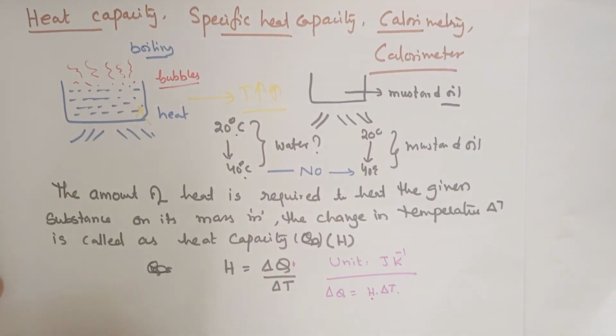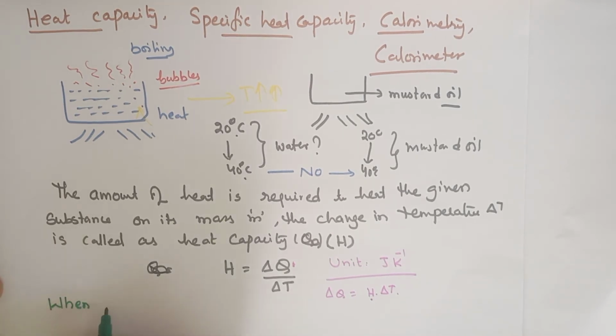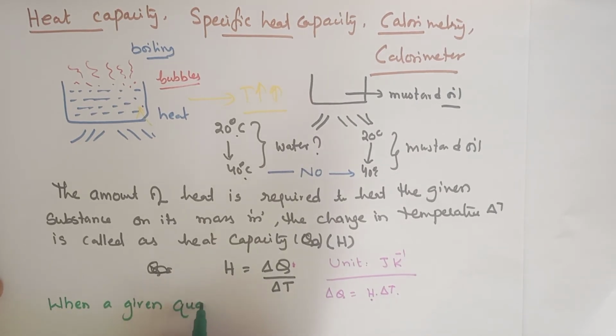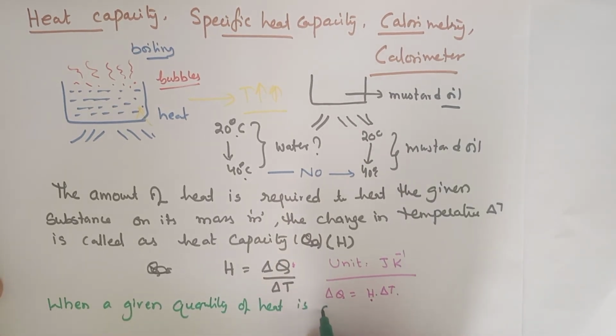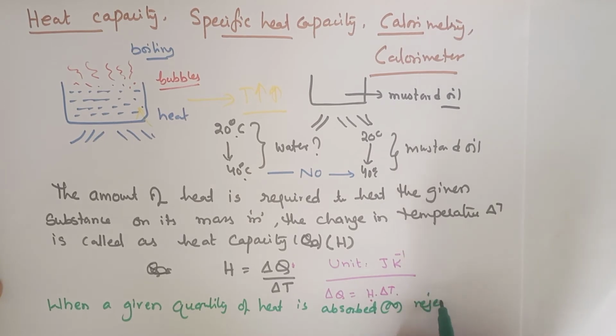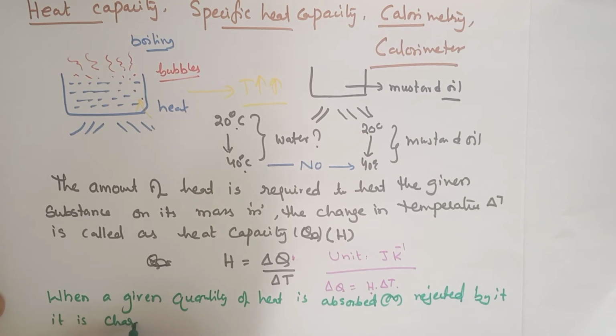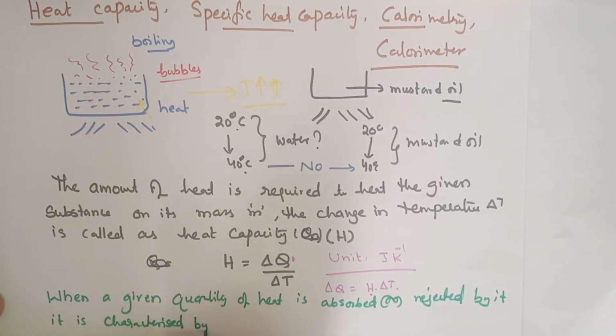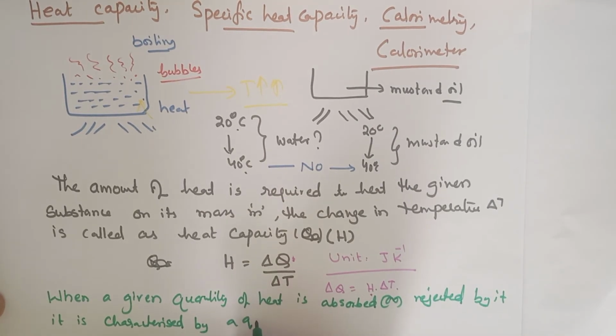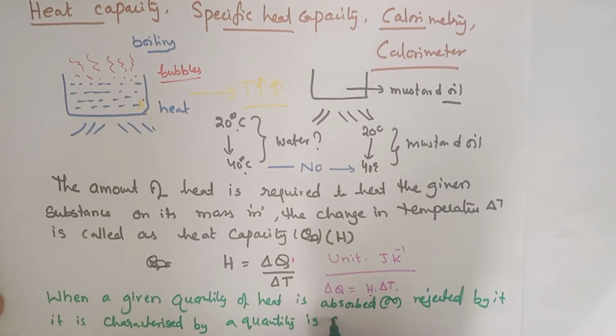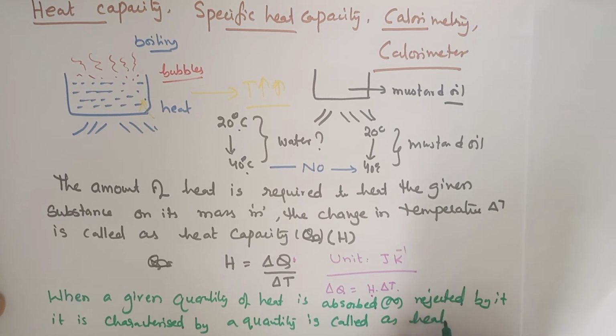We will also write in other terms: when a given quantity of heat is absorbed or rejected by it, it is characterized by a quantity called heat capacity.